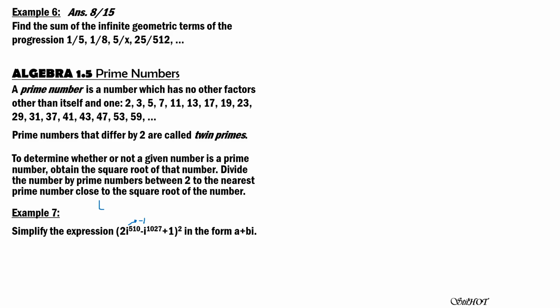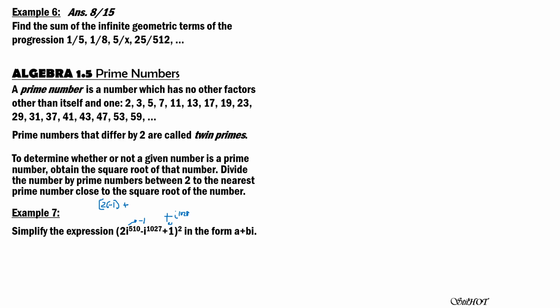So that means this is 2 times negative 1 plus i to the 1027. It is 1028 that is divisible by 4, so i to the 1028 is 1. Therefore, i to the 1027 is negative i.